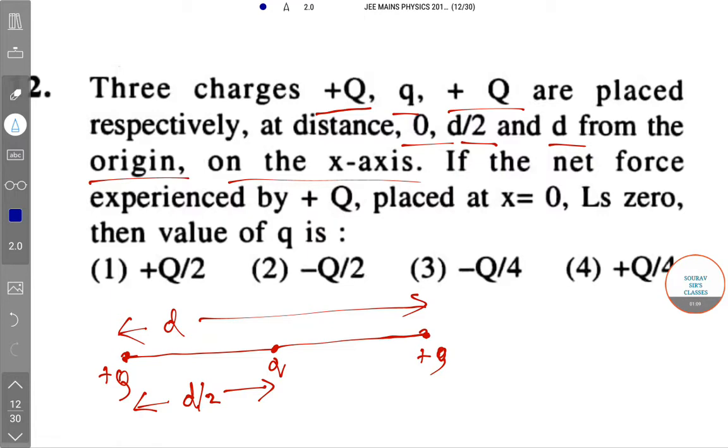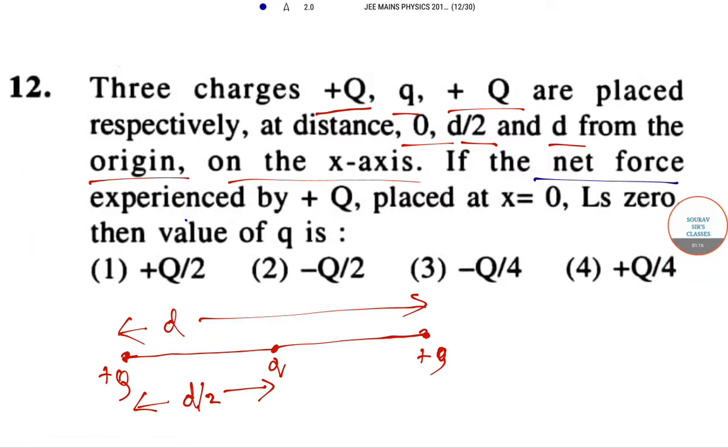Here, consider the net force experienced by plus Q. The small q exerts a force on plus capital Q, so the force is in this direction.